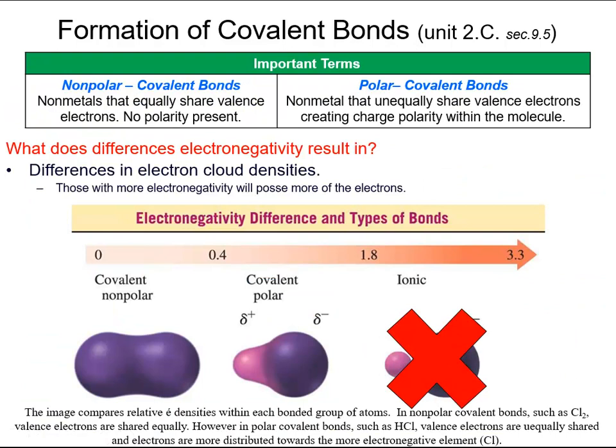There are some important terms that you need to recognize, and one of those terms is nonpolar versus polar. The idea of polar is that there is clearly an opposite, and that opposite creates an unequal sharing of electrons, creating a polarity, a charge in the molecule, which we'll talk about later on.